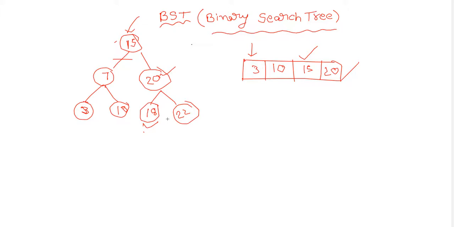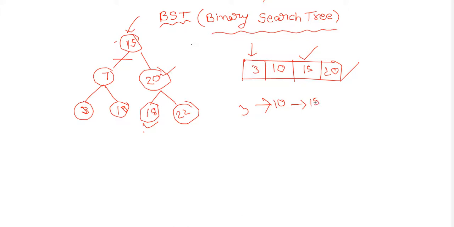So searching for an element is very easy in a binary search tree compared to arrays, linked lists and the remaining structures. Consider a linked list: 3 is pointing to 10, and 10 is pointing to 15, and like this the data will be ordered.